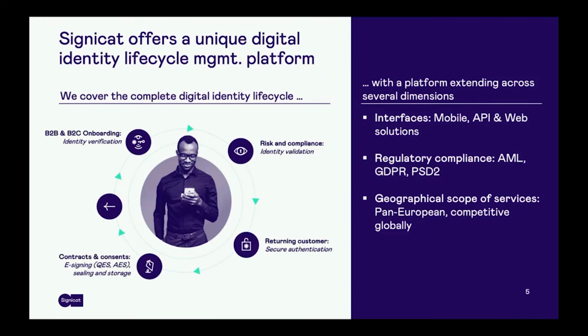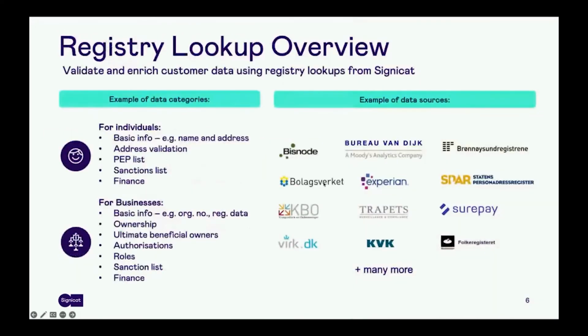And for returning customers, we offer secure authentication with over 30 electronic ID integrations. And we also offer signature, sealing, and storage. And the AML regulations typically come into play in the onboarding phase. So let us take a closer look at that.